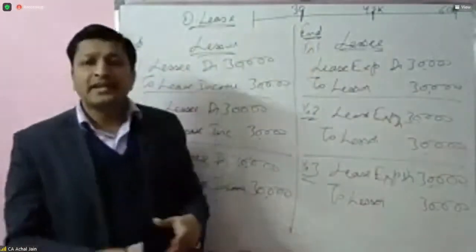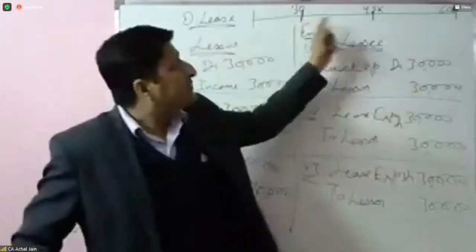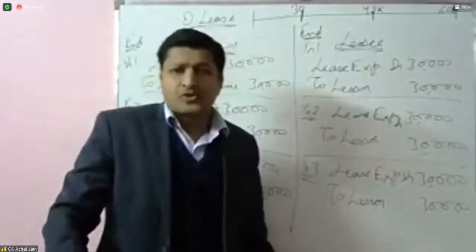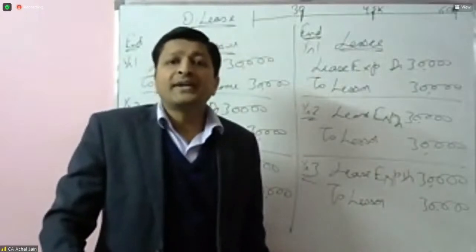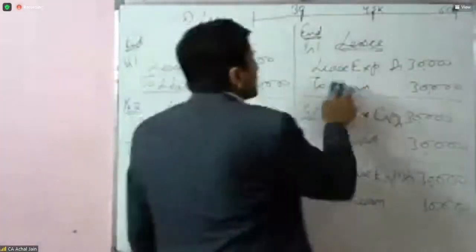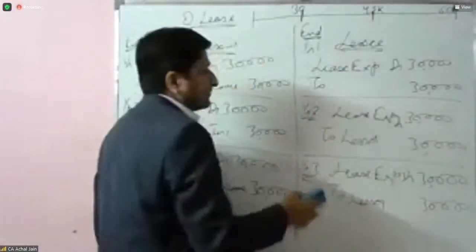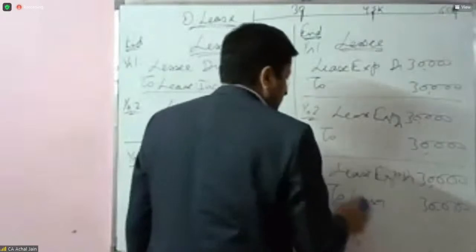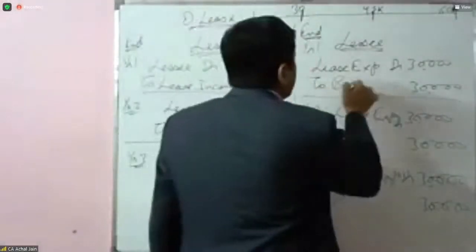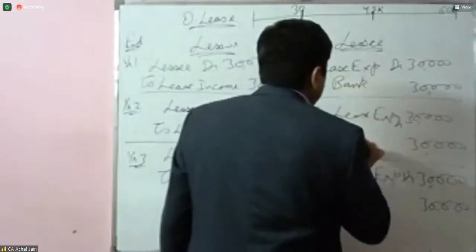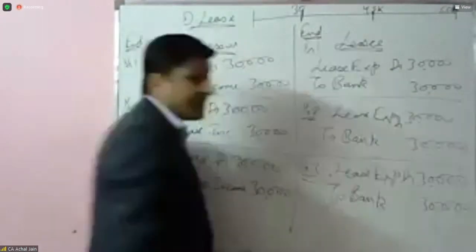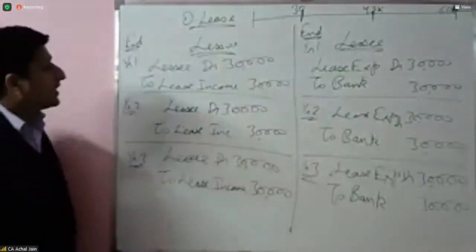How do we do the straight lining? Take the average of these three amounts. So what will be the average of these three amounts? 45,000. So let's suppose I change this over here. Eventually, what was the accounting entry to bank? It's one and the same thing. Correct?